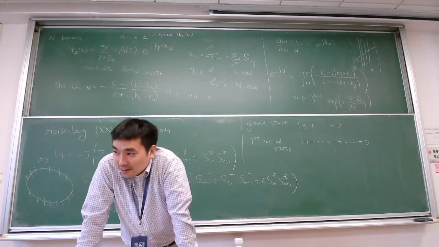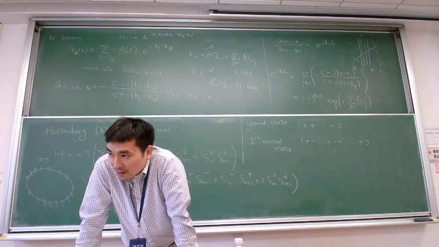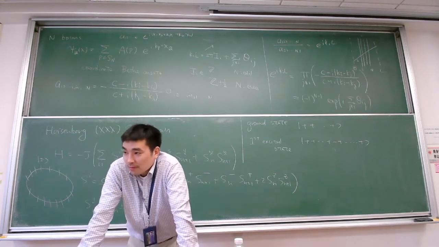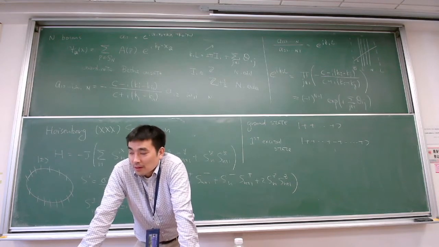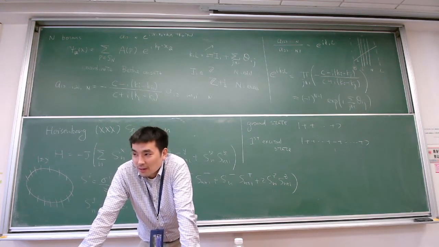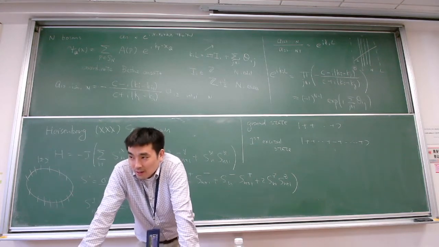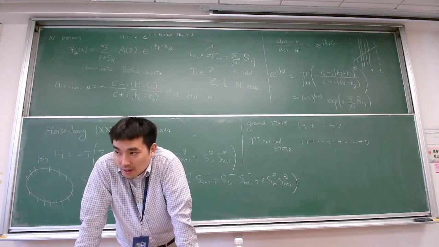The spin can rotate, so it can slightly deviate from the original position. It can rotate infinitesimally so that the excited state can be infinitely close to the one state.